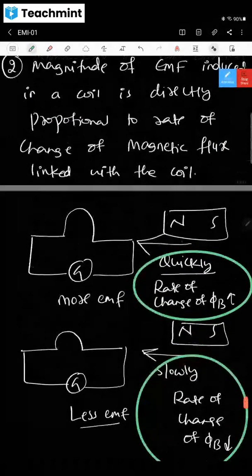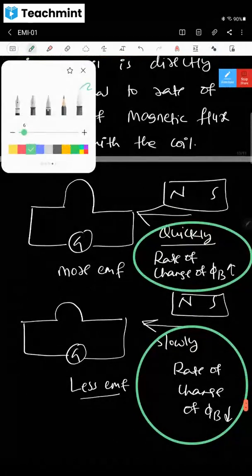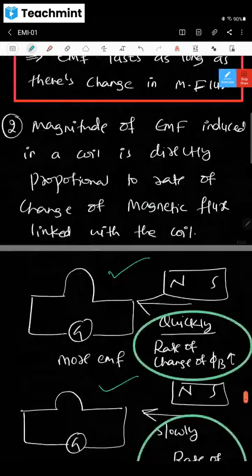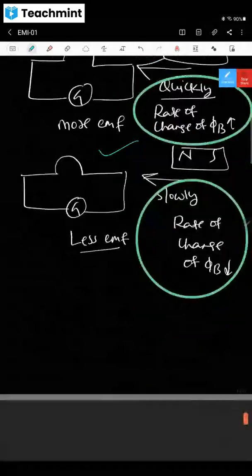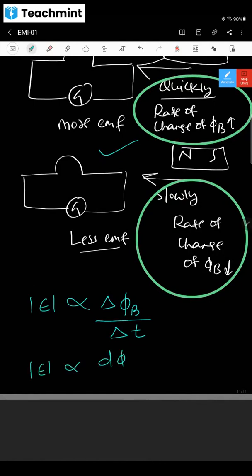While writing all these things, there is actually no need to write these diagrams. But I told you, the magnitude of the EMF is directly proportional to the rate of change, you understand, no? Delta phi B divided by delta t. So we also write it as E is directly proportional to d phi B divided by dt.